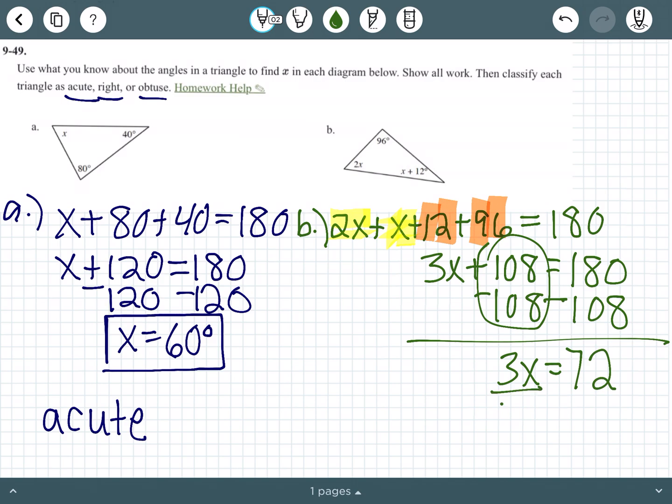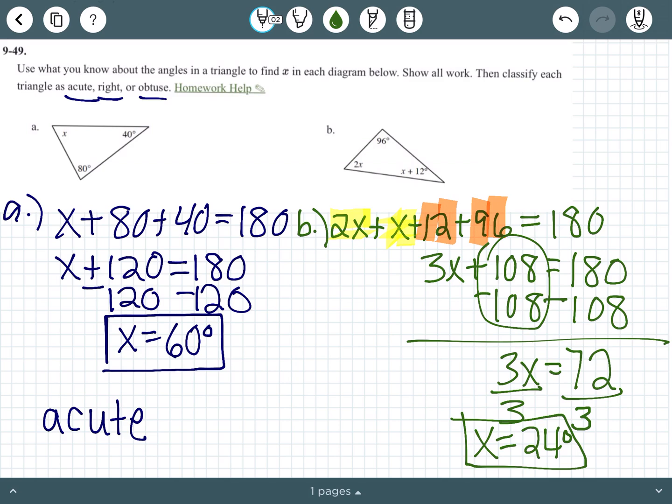Now to get x by itself, I can divide by 3 on each side, and 72 divided by 3 is going to give me 24. So x equals 24 degrees.